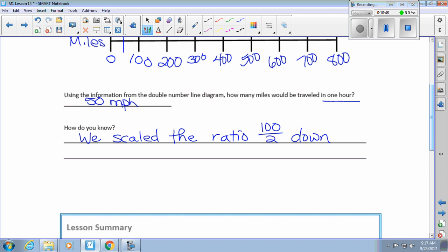She noticed that if you cut 100 in 2, it's 50, right? So we scale the ratio 100 to 2 down to 50 to 1. And we could also say we simplified the ratio or the fraction.